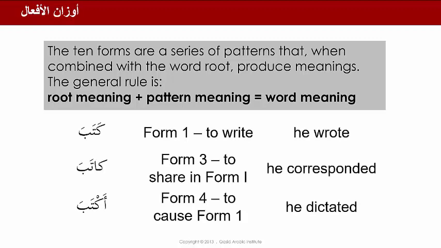Here we have aktaba, which is af'ala, form 4. Form 4 has a general meaning of to cause the meaning of form 1. So if kataba in form 1 has the meaning of to write, then aktaba would mean to make write, which here we could understand as to dictate, because when you dictate, you cause someone to write something down from your speech.